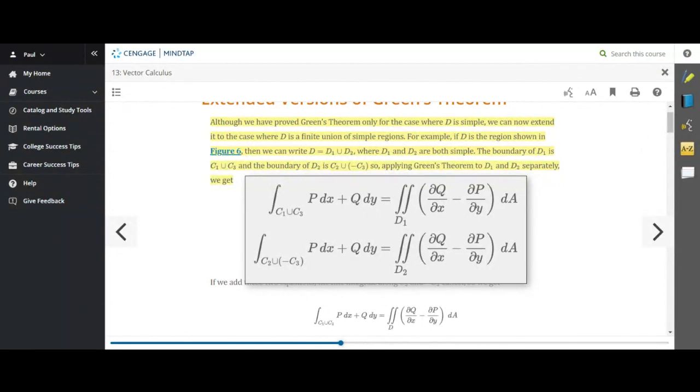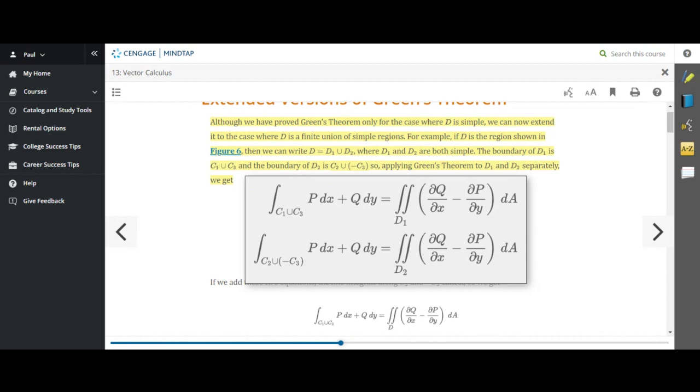By the definition of what computing line integrals means from section 13.2, we know that the line integral over C1 union C3 can be written as the sum of the line integral across C1 and the line integral across C3. And the line integral over C2 union negative C3 can be written as the line integral of C2 plus the line integral across the negative C3.